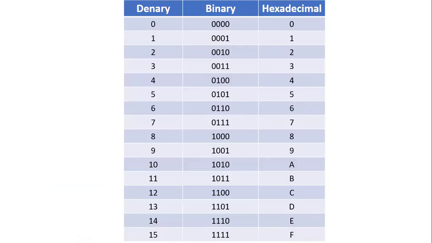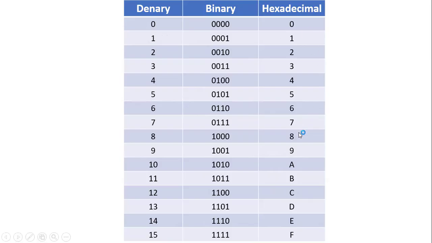This table is very important and you should know this table. So we have denary numbers starting from 0 to 15. Well, they don't really end at 15, but this is just to compare the values with binary and hexadecimal. The binary numbers start from 0 all the way up to 15. And then the hexadecimal equivalents are like this.